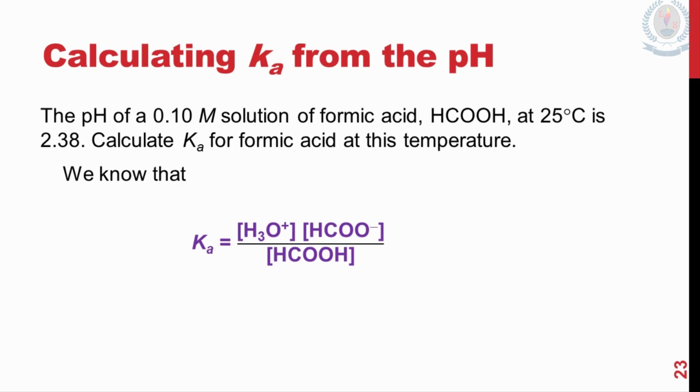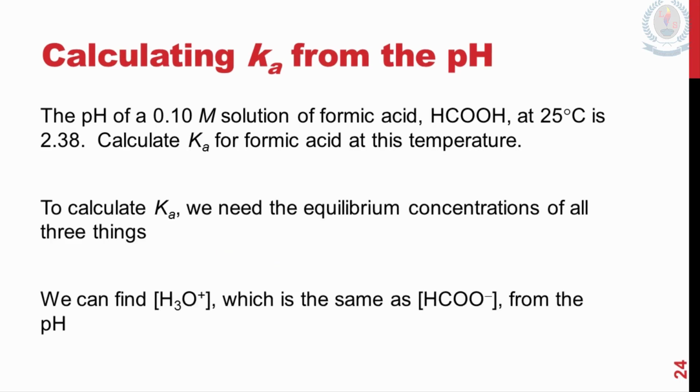First of all, we have to write the expression for acid dissociation. As we all know, formic acid is a weak acid, so we have to write the dissociation of formic acid and the expression for Ka. To calculate Ka, we need the equilibrium concentration of all three things.